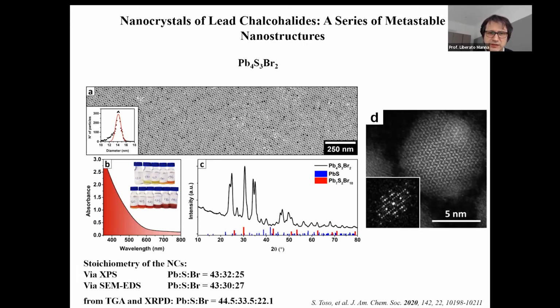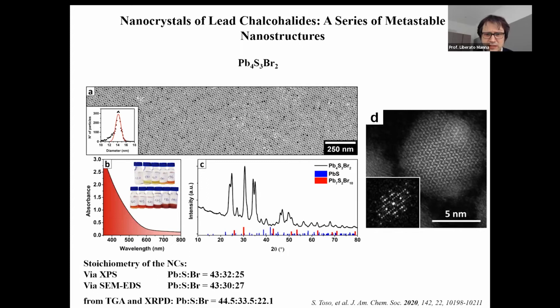There is an equivalent in the case of the iodide, Pb4S3I2, and this is a high pressure phase that can only be made, as I said, under high pressure in the form of microcrystals. So we were able to make these nanocrystals, which apparently are a sort of kinetically trapped metastable structure.